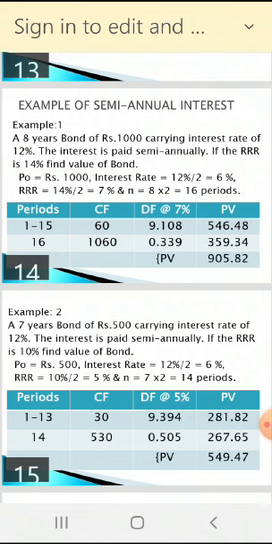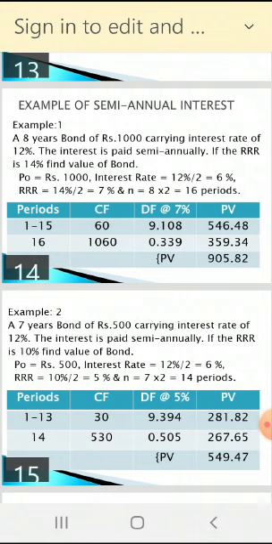Please try with the help of a calculator. You are understanding how to find the factors when cash flows are the same, so we are just clubbing periods 1 to 15. That is why we are using the annuity factor. So 0.339 comes for the 16th period.